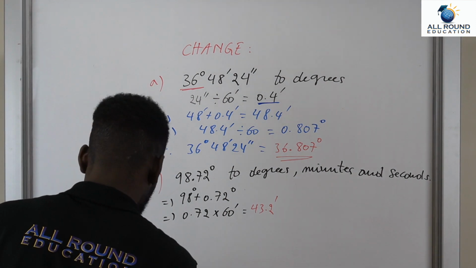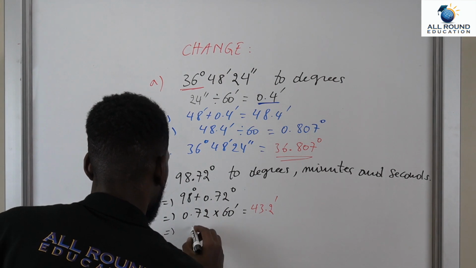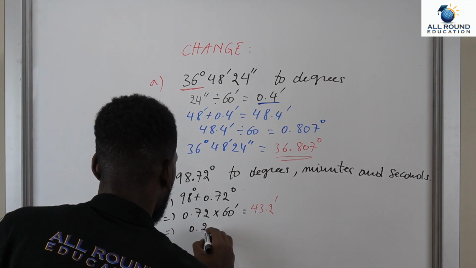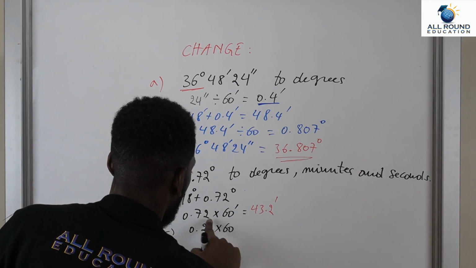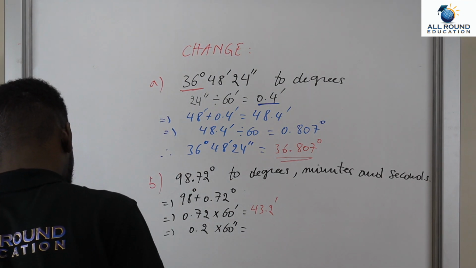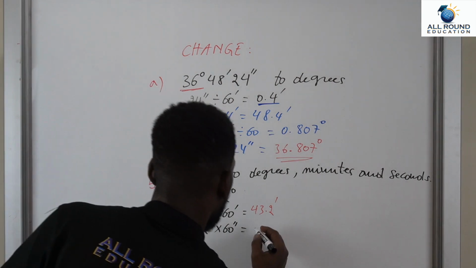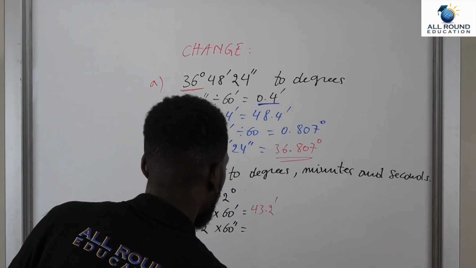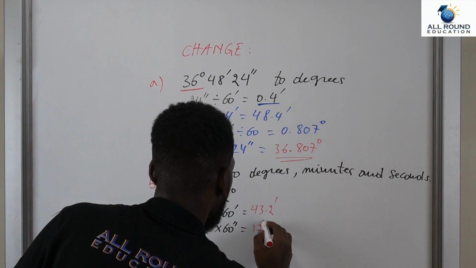So the 0.2 minutes, we need to multiply by 60 to get seconds. 0.2 times 60 gives us 12 seconds.